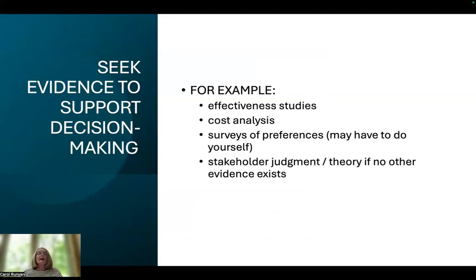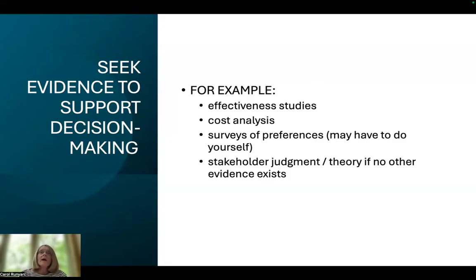But before I do that, I want to point out that in using these different values, you should be thinking about what evidence you can apply to support how effective something is, what the cost is, what the preferences actually are, and what the judgments are of stakeholders, or theory if no evidence exists.